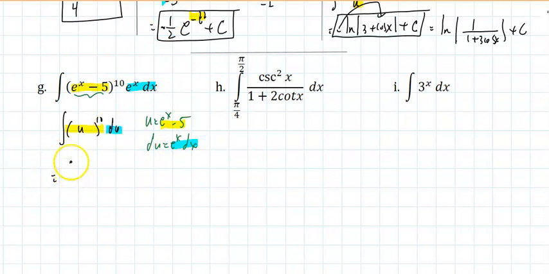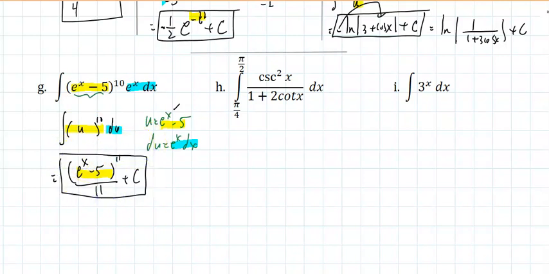That would be u to the 11 divided by 11 plus c. And if I recall what my u equals, it's right there. It is e to the x minus 5, and there it is.